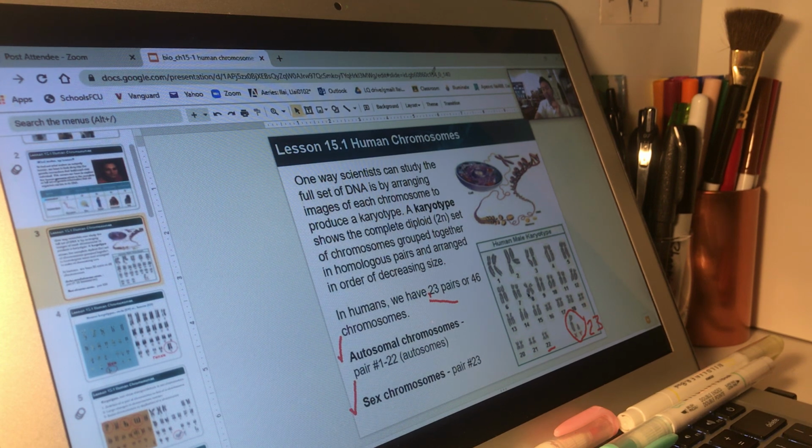Now, here's something else. Since we are all humans, all of us here on the Zoom, all the genes for, let's say, hair would be on chromosome number 1, right here. Here's your mom's hair, here's your dad's hair, a little dot right here. So if I were to look for Nathan's hair color, I would look at chromosome number 1.